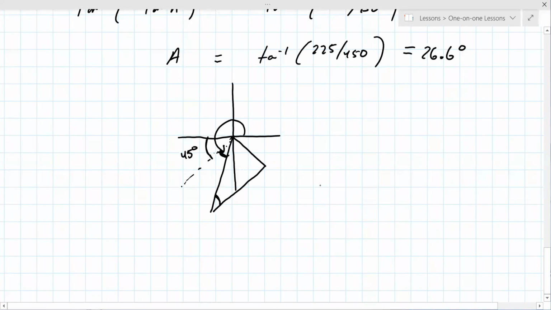So the course is 90 plus another 90 plus 45 plus A, which is 26.6. So it's all those added together, and that's the bearing: 225 plus that, so 251.6.